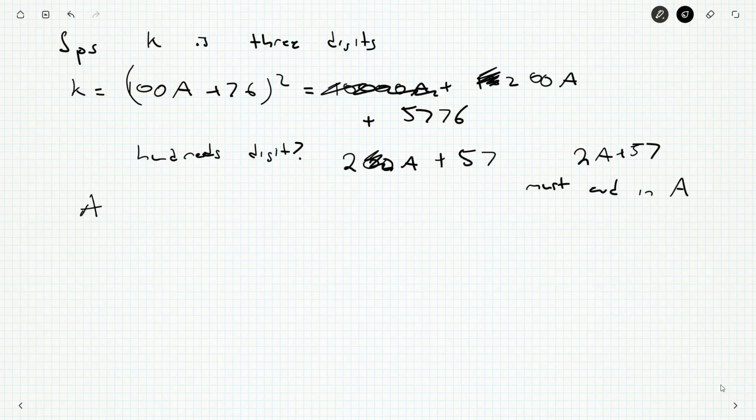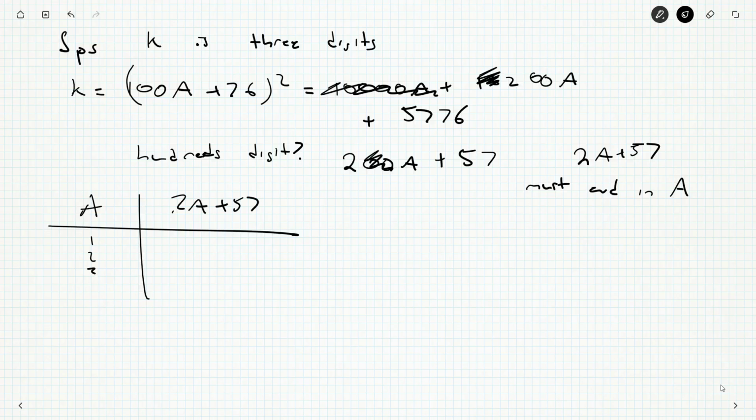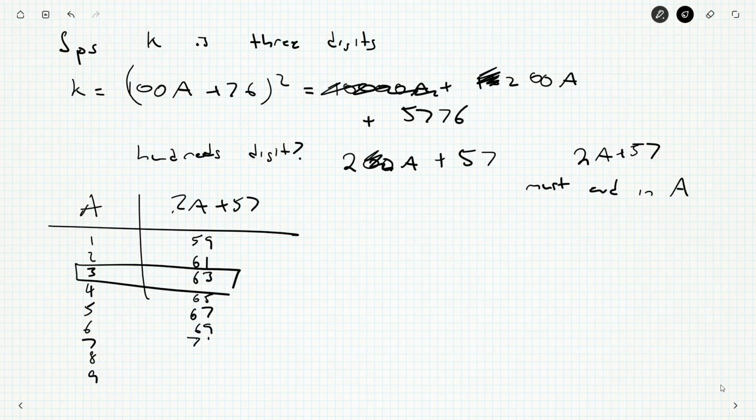Alright, same thing that we had last time. We're just going to keep getting chunks here. So A could be, well, it can't be 0 here. 1, 2, 3, 4, 5, 6, 7, 8, 9. So we get 59, we can get 61, 63. Ooh, useful. 65, 67, 69, 71, 73, and 75.